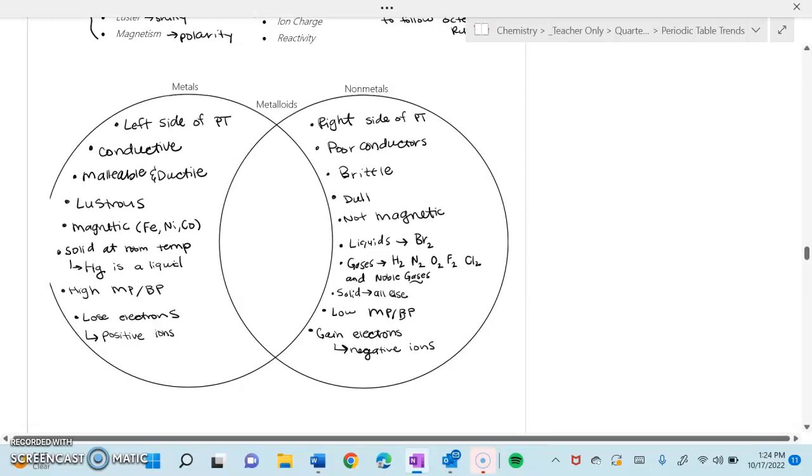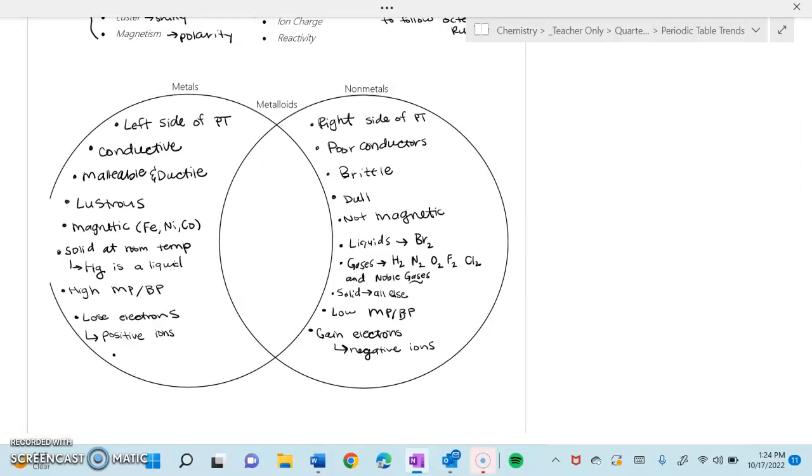The last category here is reactivity, which we looked at on our notes about periodic table arrangement. We want to describe which groups are the most reactive for metals and for nonmetals. And remember, these are the groups that have the closest amount of electrons to a full valence shell, the closest to following the octet rule.